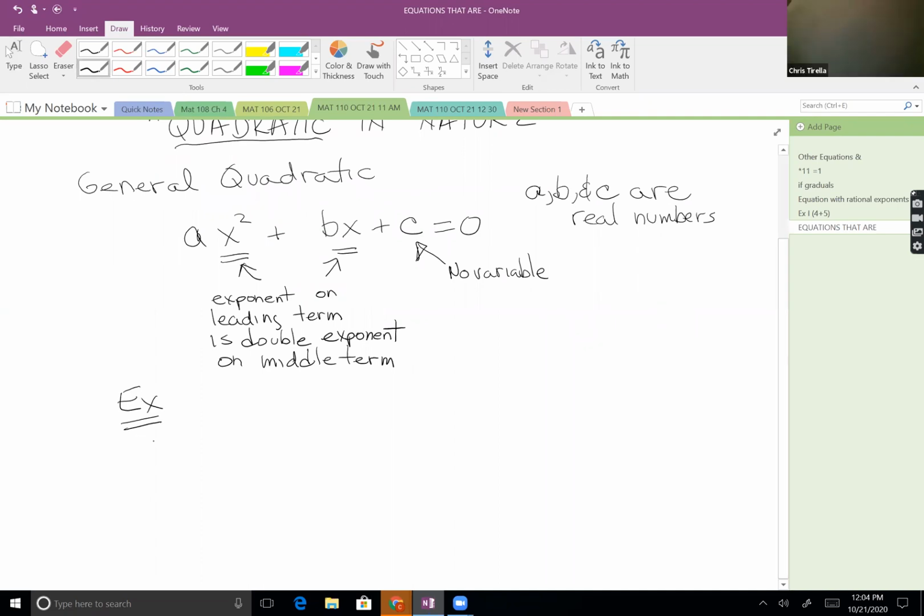So we're going to look for equations that have that pattern, but maybe don't quite have that x squared. So let's look at the example 4x to the 4th minus 13x squared plus 9 equals 0.